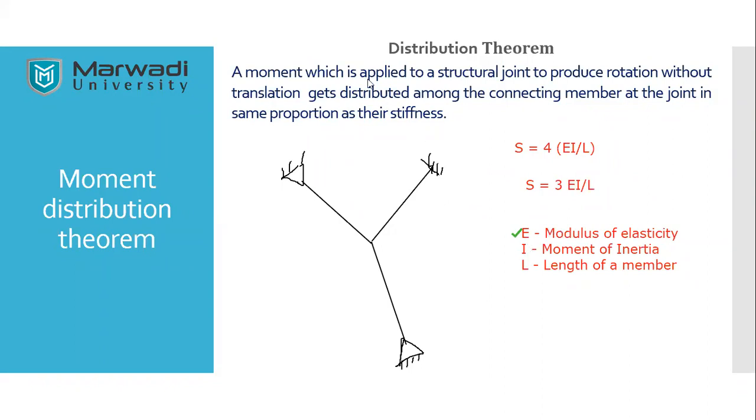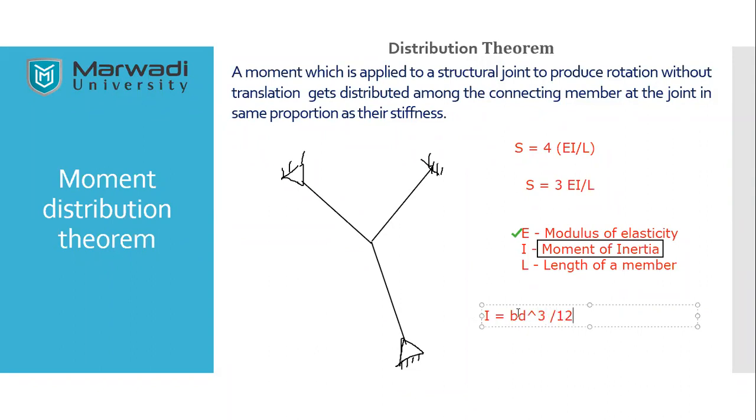What about moment of inertia? Moment of inertia will depend on the cross section dimensions. So for a rectangular beam, it will be BD cube by 12.